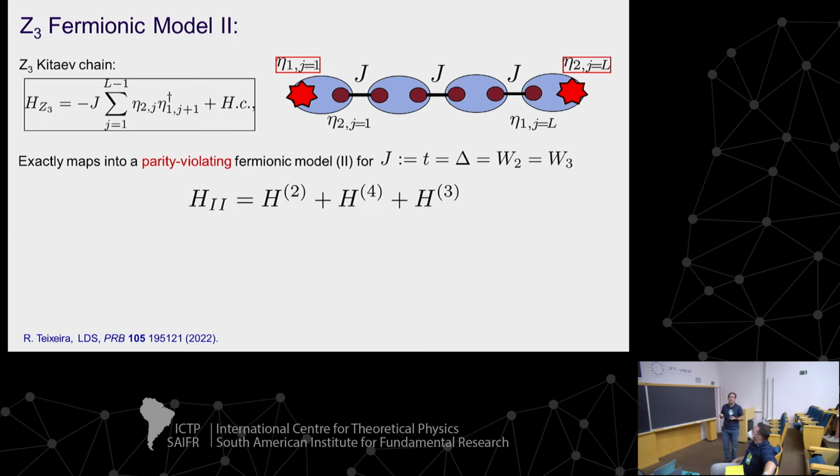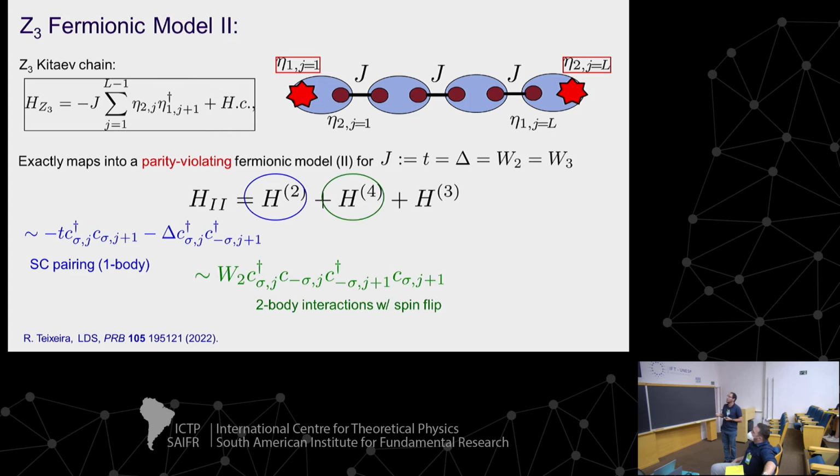And this usually is not a good thing if you actually want to use electrons, because then you get terms that not only violate parity, but have two-body interactions with spin flip, plus some weird trailing terms that come from how the parafermionic algebra works when you put them on a lattice. So this is a problem. If you do just the reverse engineering I told you about, that's what you get.